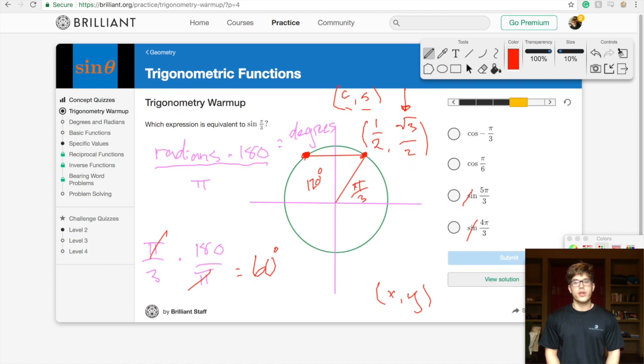Our cosine value is equal to root 3 over 2 whenever our angle measure is 30 degrees, or at pi over 6. Pi over 6 and 30 degrees are the same thing. So cosine of pi over 6 must be our answer.